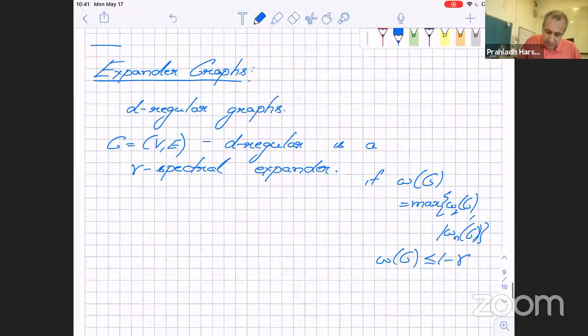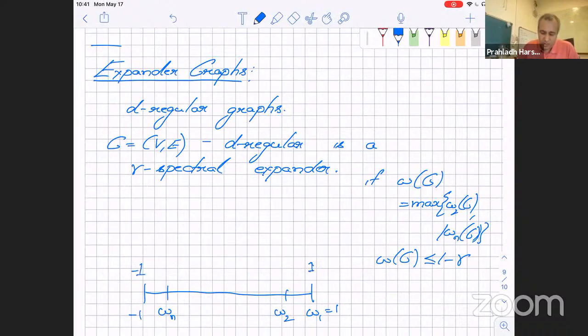We had this graph and the eigenvalues of the random walk matrix. We saw that omega 1 was equal to 1. Omega 2, if the graph is connected, is bounded away from 1. And if the graph was non-bipartite, omega n was bounded away from minus 1. This is 1, and this is minus 1. The gap between 1 and the max of these two quantities is what I'm going to call the spectral gap, and that is gamma.